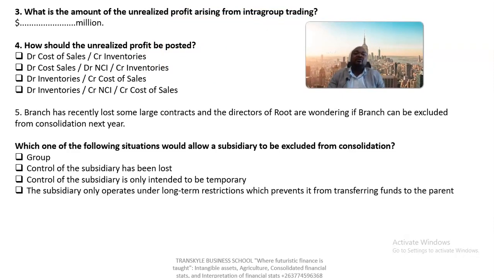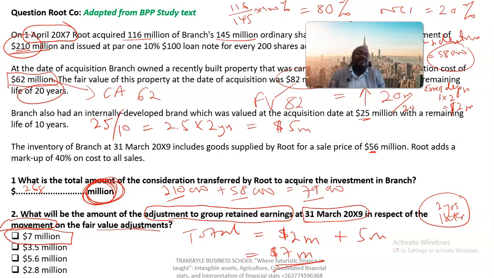What is the amount of the unrealized profit arising from intragroup trading? Here we just have to go to that part of the question that speaks of intragroup trading, because in the exam you're not going to spend all this time reading everything like a storybook.